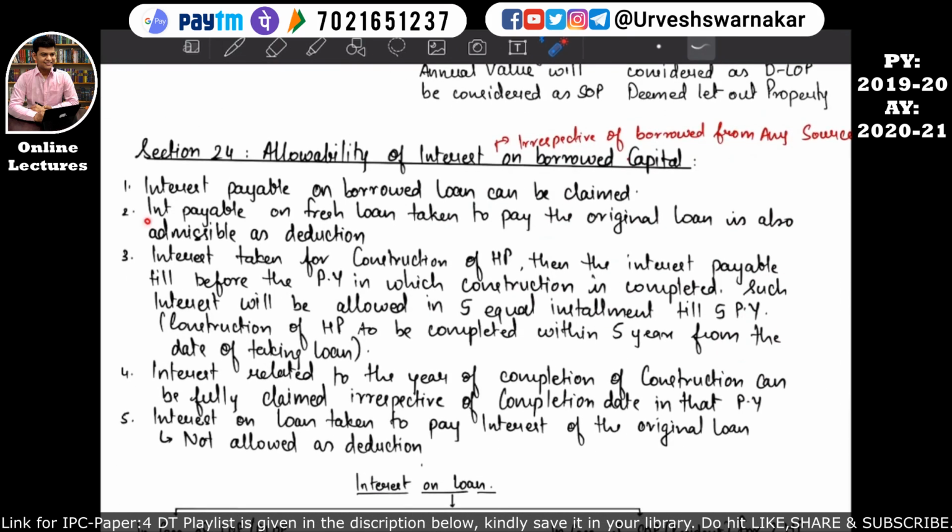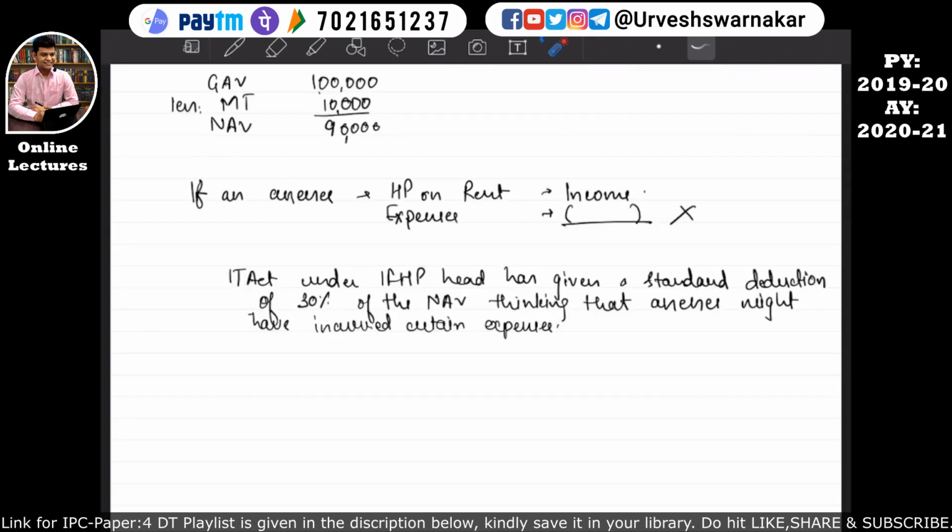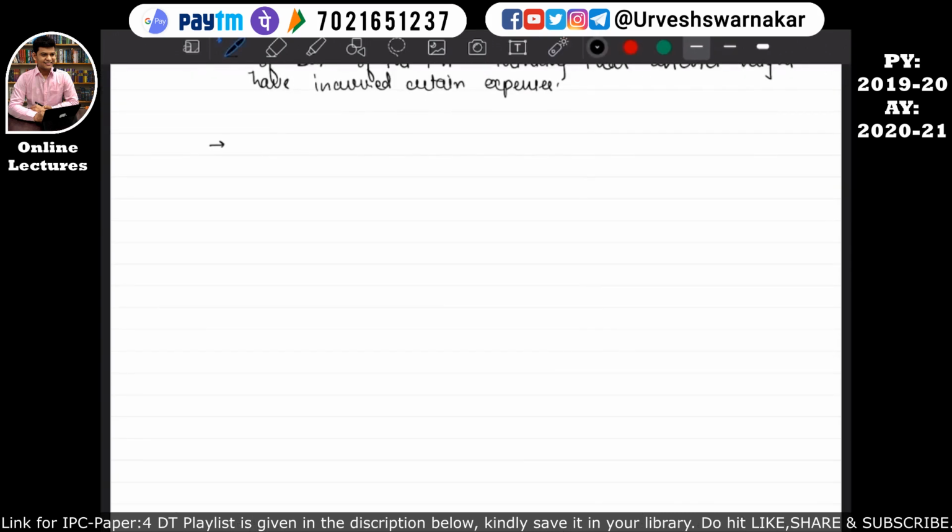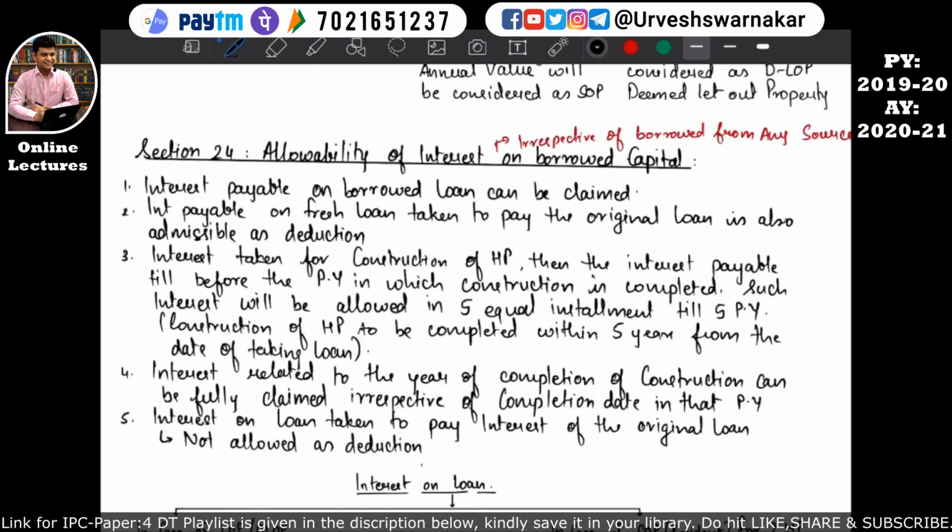The second point says that interest payable on a fresh loan taken to pay the original loan is also admissible as deduction. Basically, for example, if the assessee has taken a loan originally, but this original loan's rate of interest is 10%. Let's read it again: interest paid on fresh loan taken to pay the original loan is also admissible as deduction.